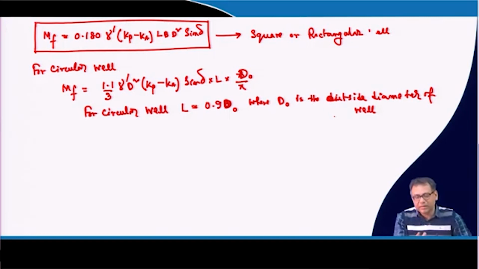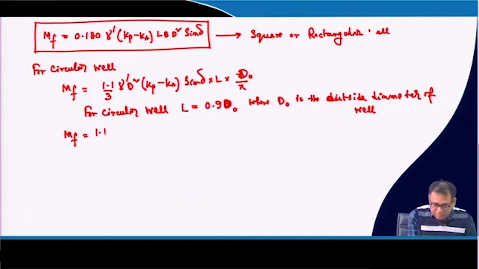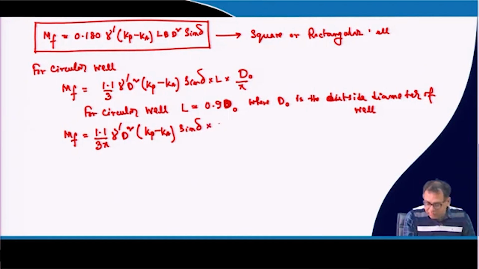But this time it is recommended that L, the effective side length, should be slightly less compared to the diameter, that is 0.9 of d0. Now, if I put these values, you will get MF is equal to 1.13 pi gamma dash d square (Kp minus Ka) sin delta into 0.9 d0 into d0.